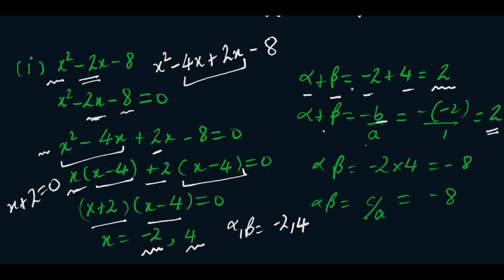So alpha plus beta is equal to minus b by a. This is verified. Similarly alpha times beta, minus 2 times 4, gives us minus 8, and c by a, the value of c here is minus 8. So c by a is minus 8 divided by 1, which is equal to minus 8. So alpha beta is also equal to c by a.